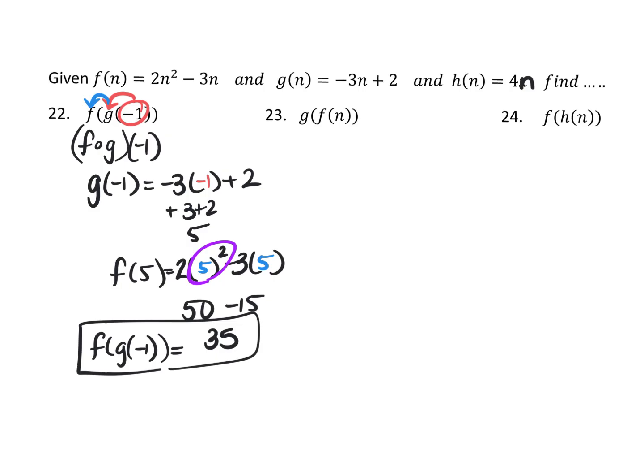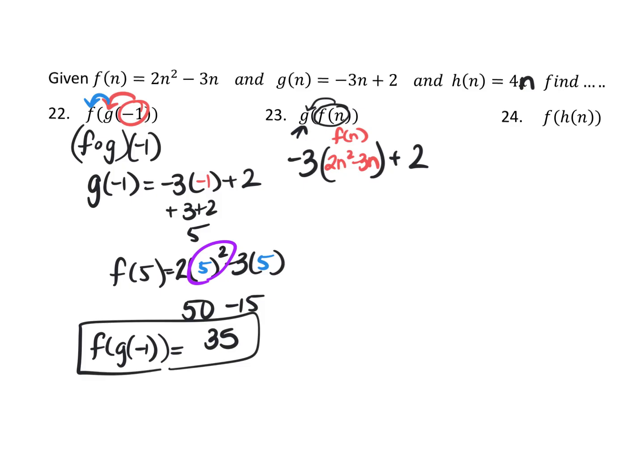Now g of f of n means I'm going to take the whole function f and plug it into g. So when I do that, I like to rewrite the function g, -3 parentheses plus 2. And then what's going inside the parentheses is f of n, 2n squared minus 3n.